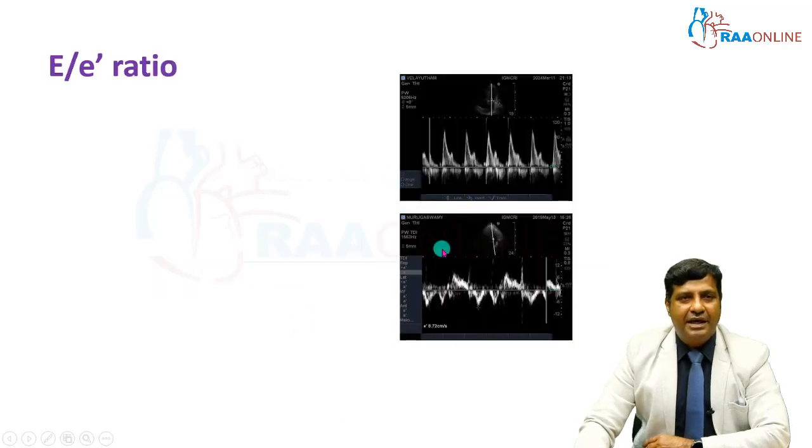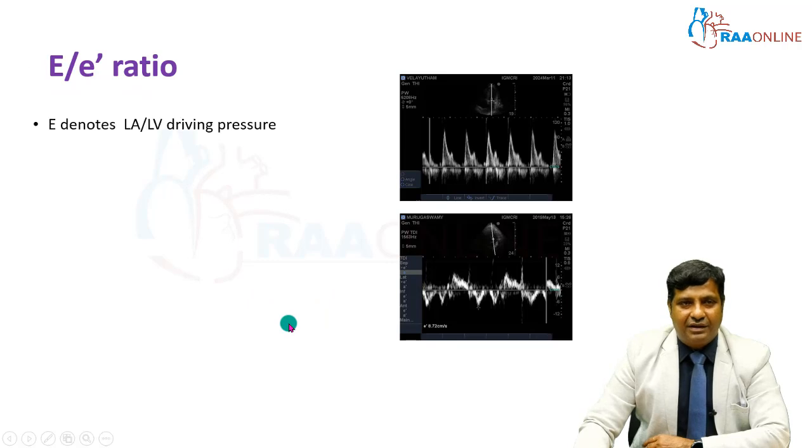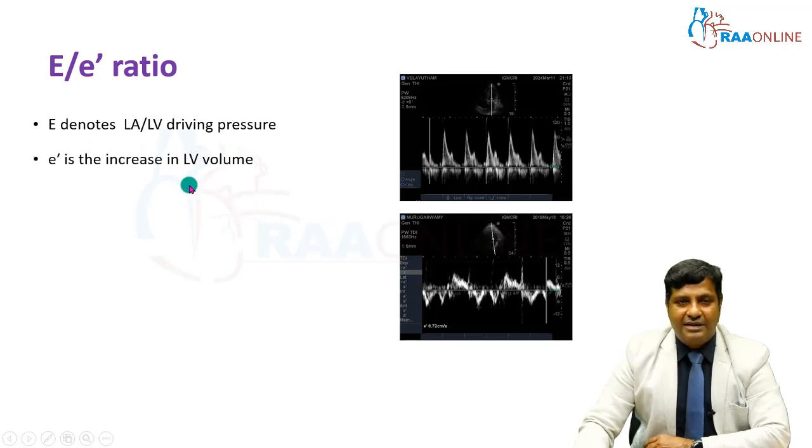So what is this E by E prime or E dash ratio? This concept you need to understand. When we do the E wave, the transmitral inflow technique, we are assessing the pressure difference between the left atrium and the left ventricle. So E denotes the pressure, and with E prime we are assessing the increase in the left ventricular volume. So E prime is the volume.